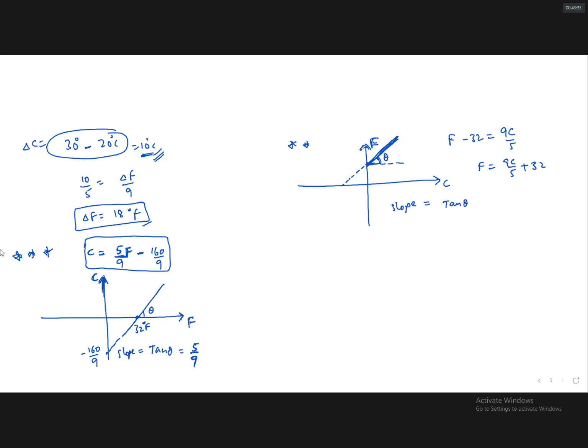The slope of the graph drawn between Fahrenheit on the y-axis and Celsius on the x-axis we get as 9 by 5. So that is the slope of Fahrenheit versus Celsius.